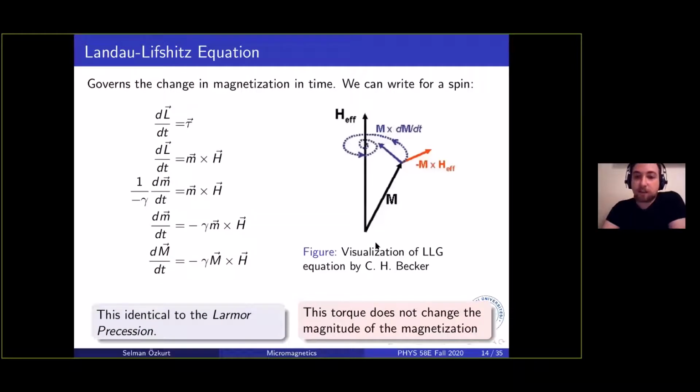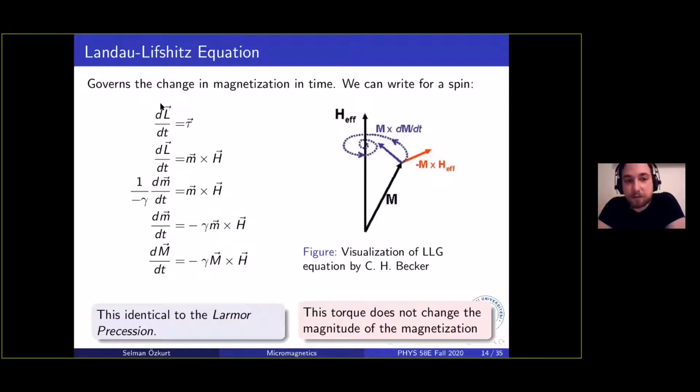And in this case, we have a spin and associated angular momentum and magnetic moment, and then an H field, caused by whatever, and this H field causes it to precess. Let's derive it simply. dL/dt equals the torque.